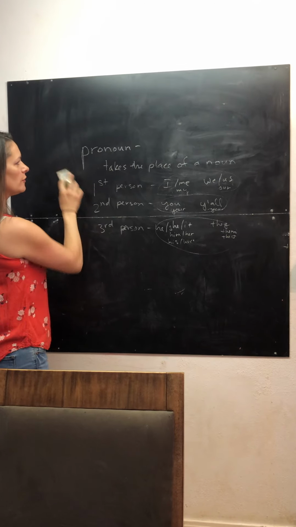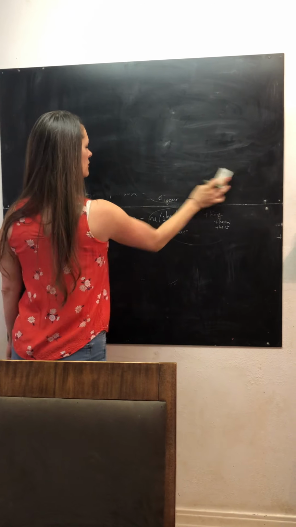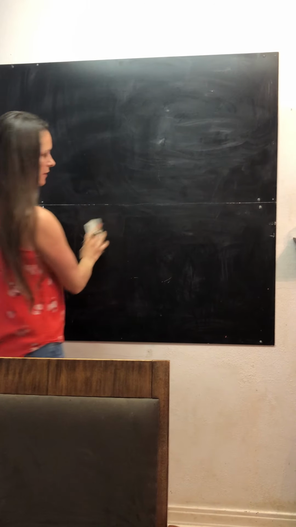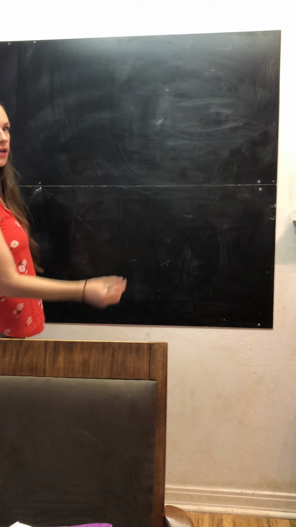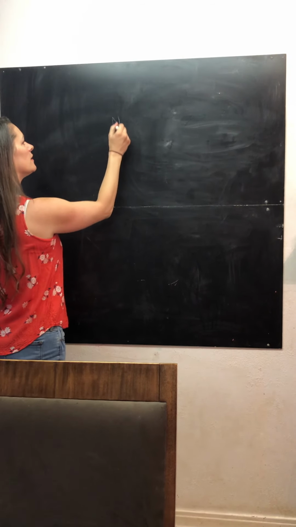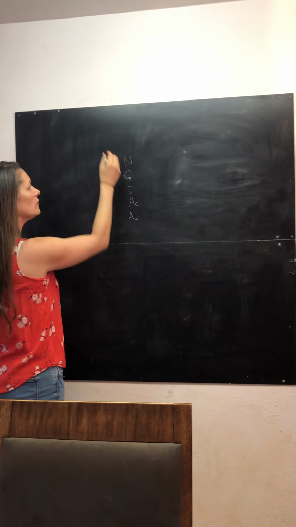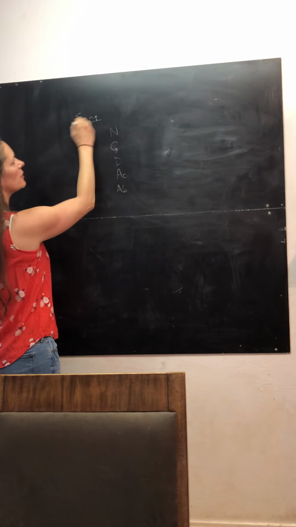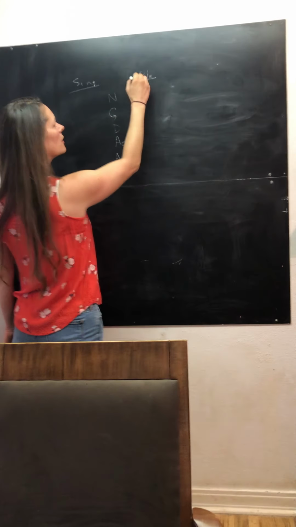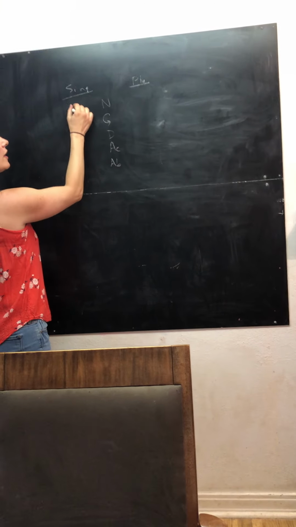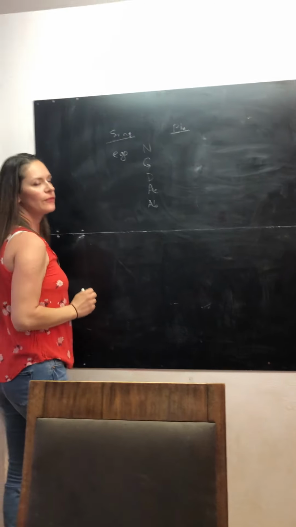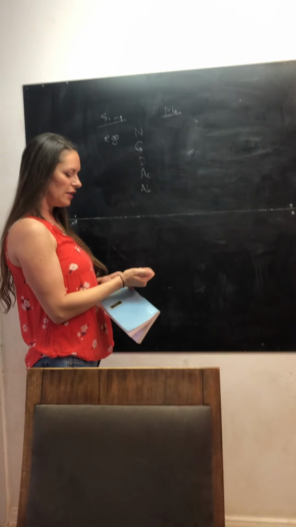So we'll start with first person pronouns. Just like any other Latin noun, these are going to be declined: nominative, genitive, dative, accusative, and ablative, singular and plural. The singular nominative of I is ego, and we obviously get the word ego.